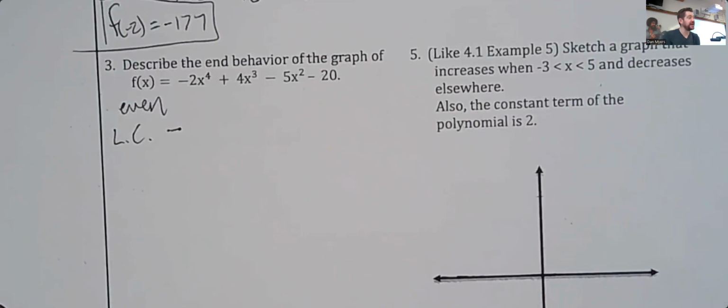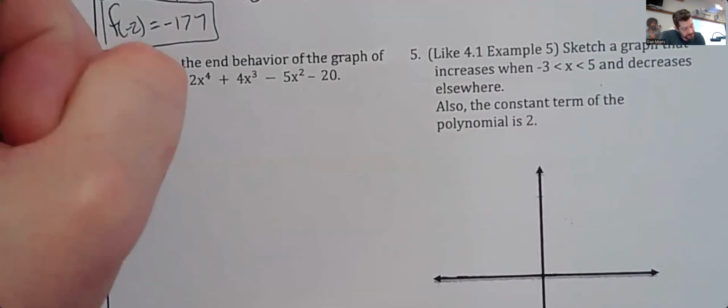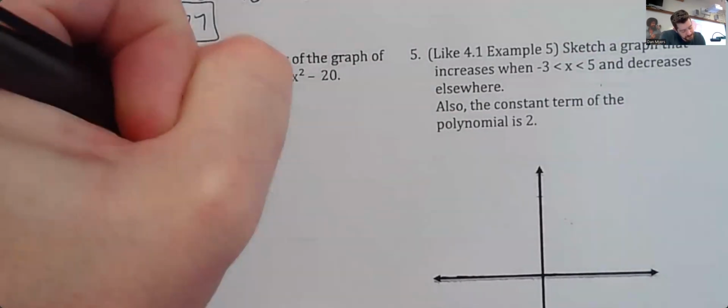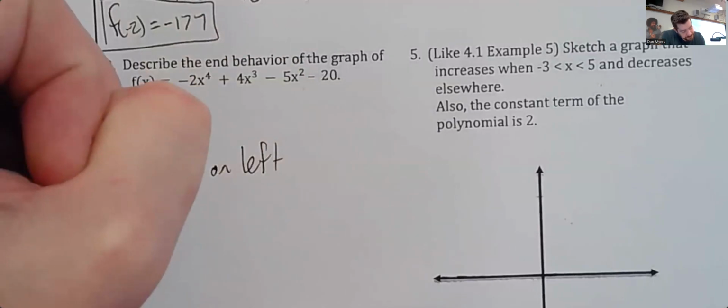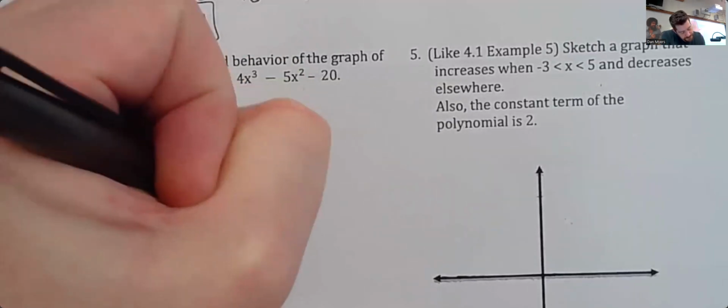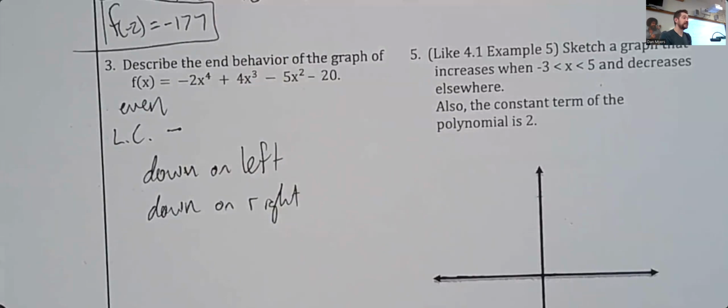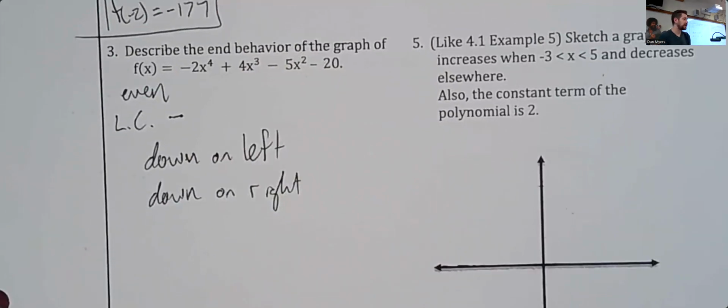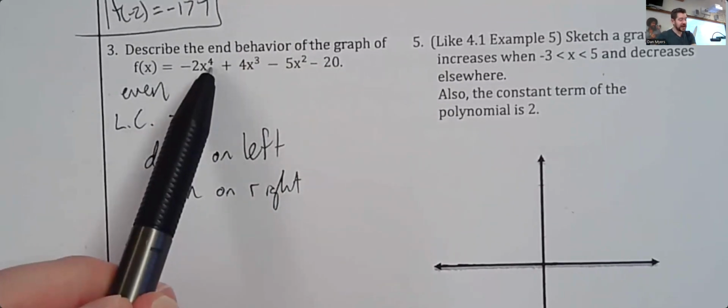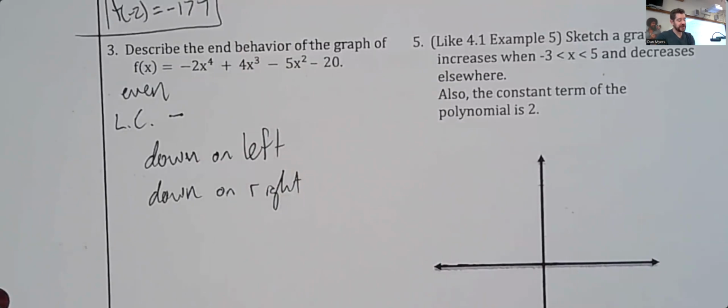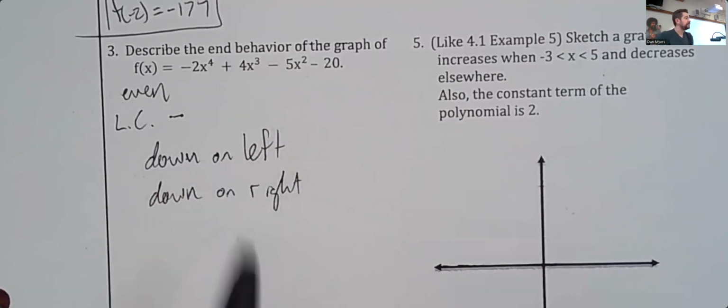That would be down on left and down on right. That's the answer right there. So you just go to the chart that we made on the second to last page on Friday. Even highest exponent, lead coefficient of a negative number. That gave us a down on left, down on right situation.